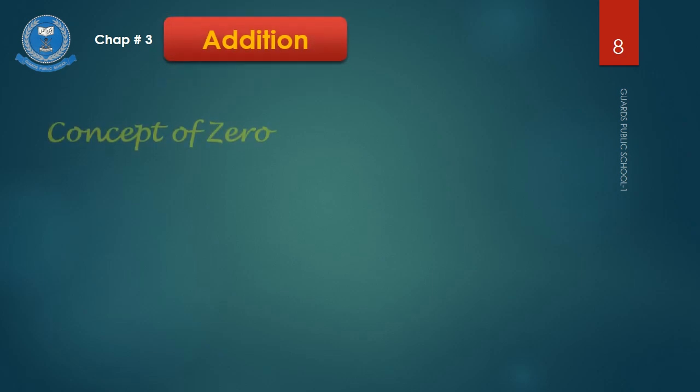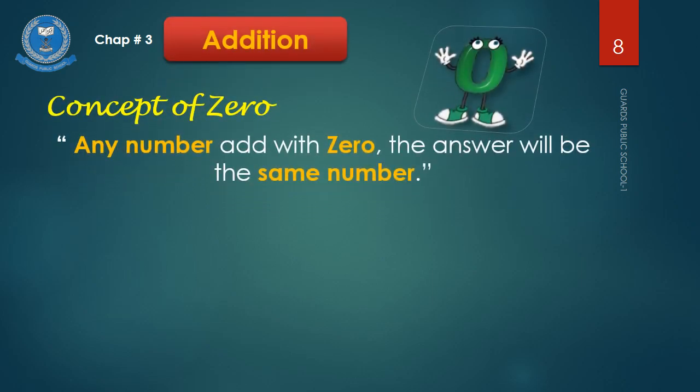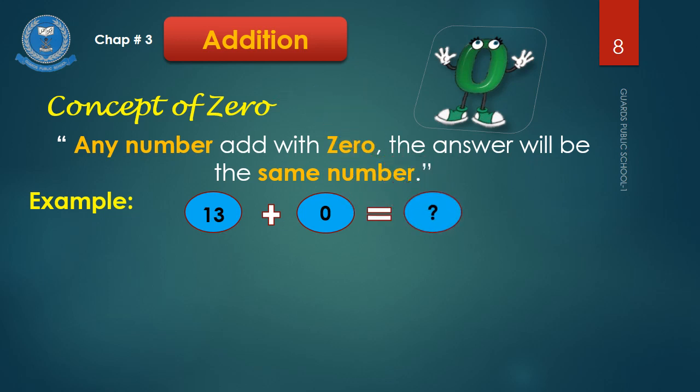Concept of zero. Any number added with 0, the answer will be the same number. Let's see the example. If we take two addends, addends mean numbers, 13 plus 0, what will be the sum? It's very simple. See students, if we add 13 and 0, the answer will be the same number.